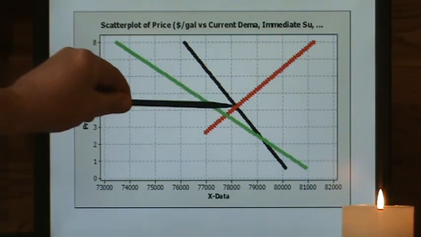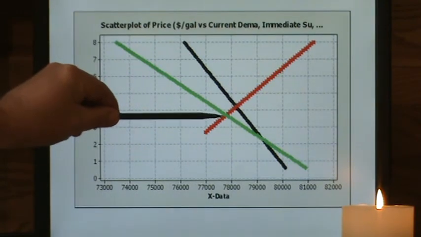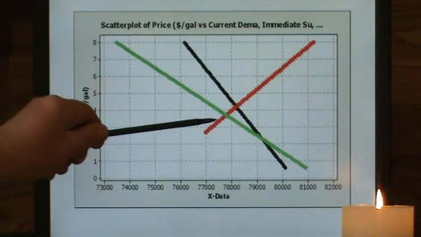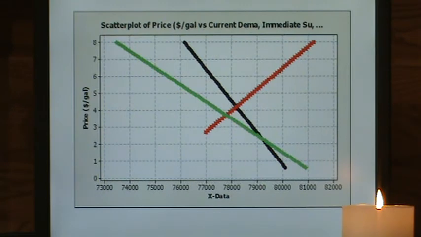This causes, in fact, the price to fall further from $4.20. Now we can see we're below $4, maybe perhaps $3.80. And in fact, what's happening here is the consumers are again bearing a lesser amount of that tax burden and the producers more. As well as that, the amount traded, we've gone from above 78,000, now we're below 78,000. So consumers are definitely using less of this commodity.